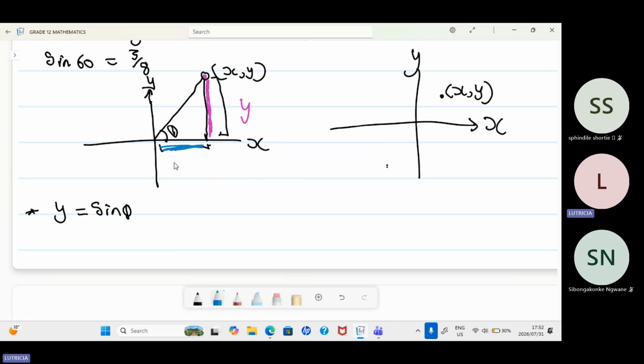And then this side is gonna show us the x value. So what I'm saying is the y value is equal to sine theta. Why is it sine theta? Well, it's because the angle theta is facing this side. So to find the value of this side, we're gonna say sine theta.